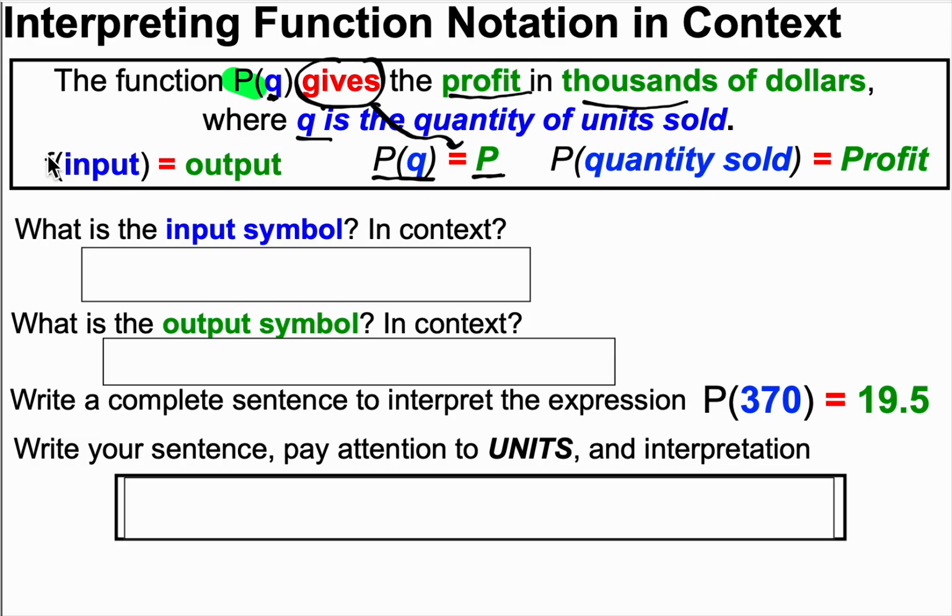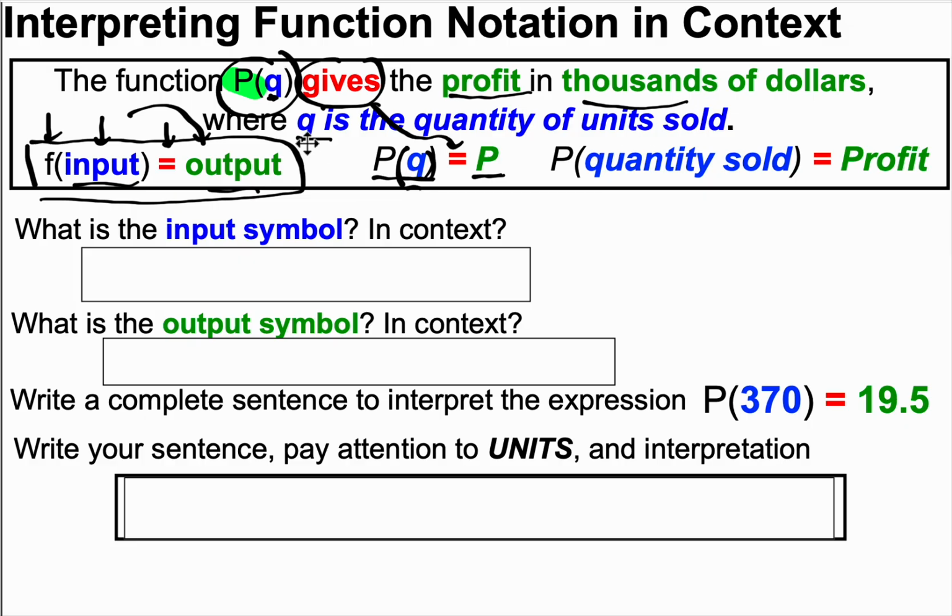So here, again, we're just following the same principle we've used before when we use function notation. We have some function, we have an input, and then it gives us some output. Here, we're told the function P of Q is equal to profit in thousands of dollars.